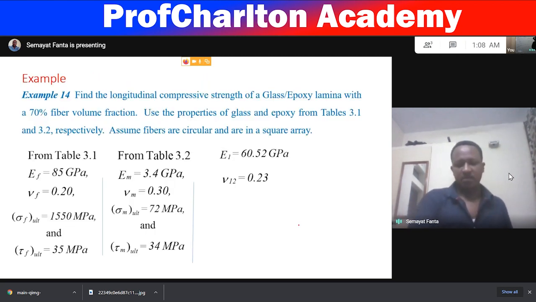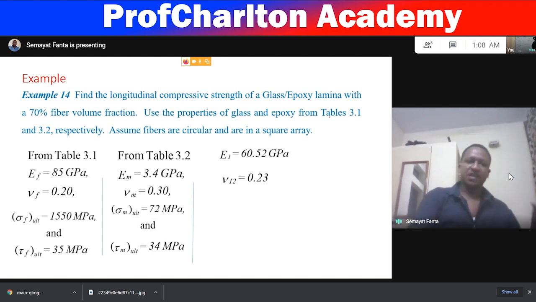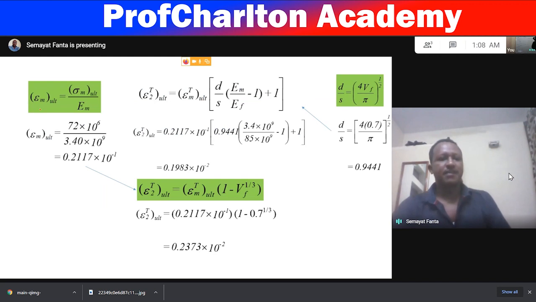So based on the above equations, we can calculate some parameters using some values from the previous table. So what is the strain in the matrix, the strain in the matrix in the two direction?